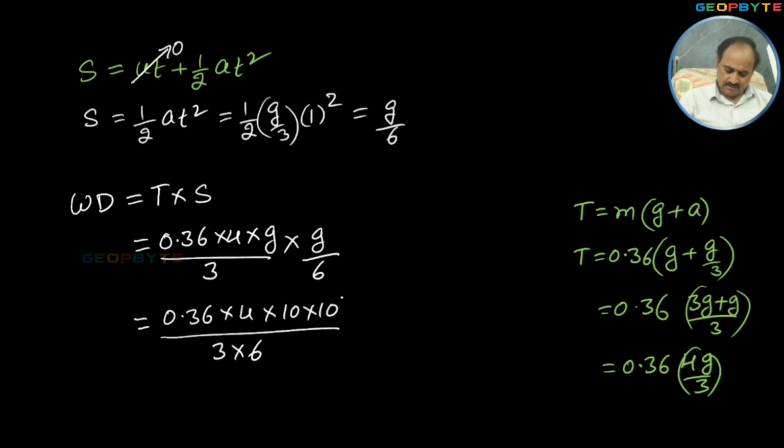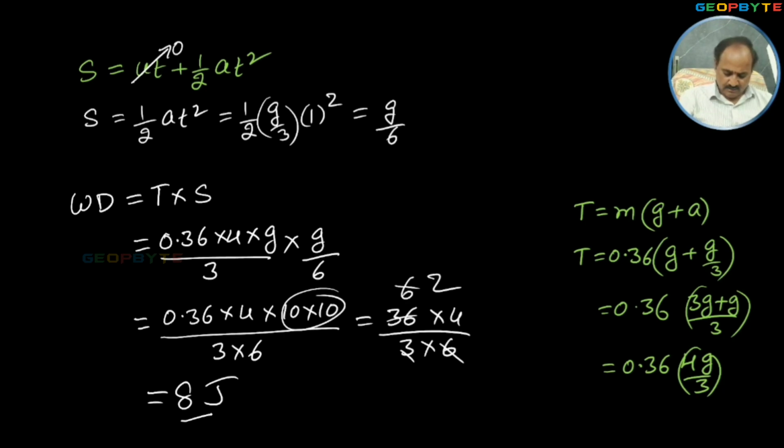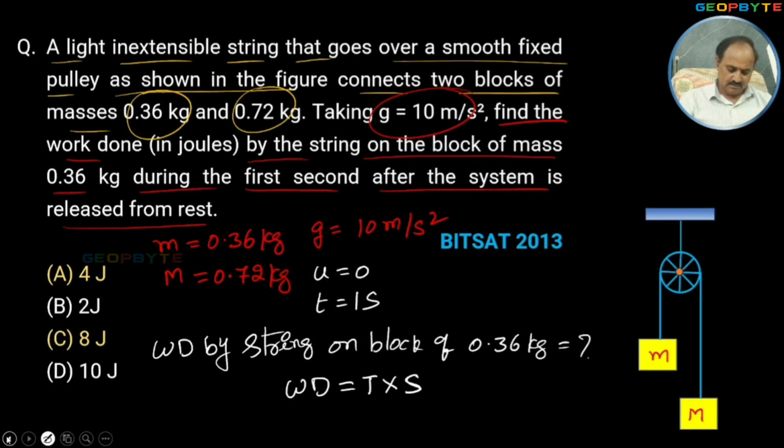So here 10 into 10, 100, into 0.36, 36, is equal to 36 into 4 by 3 into 6. 6 times, 3 2 times, 4 into 2, 8 joules, or Newton meter. That's the answer. That's the work done. Look at the options. 8 joules, option C is absolutely correct. Are you following clearly? Yes.